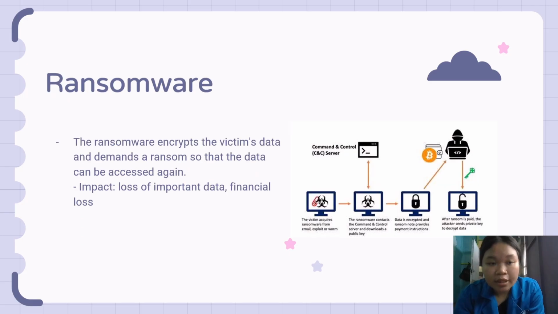Next, ransomware. Ransomware encrypts the victim's data and demands ransom so that the data can be accessed again, namely impacting loss of important data and financial loss.